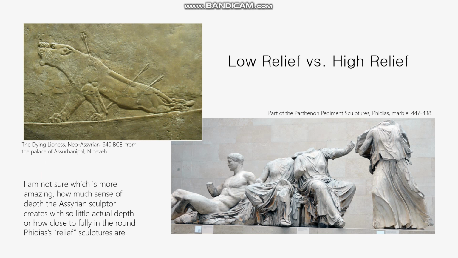They still count as relief sculpture because they were designed with backs meant to attach to a backing wall, so they're not meant to be seen in the round or freestanding. But as you can see here in the British Museum, that's exactly how we look at them. They have become freestanding sculptures because they've been removed from their context.